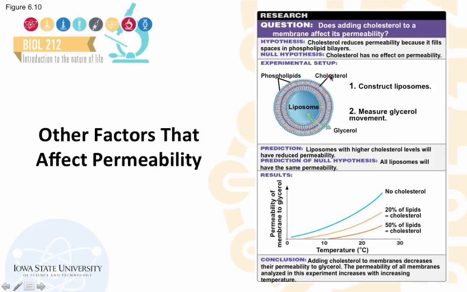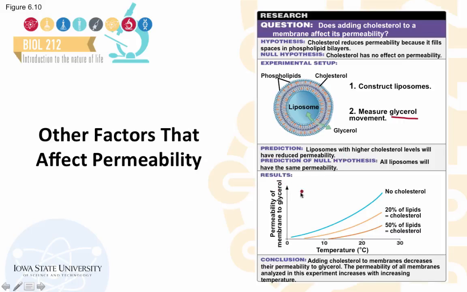Their experimental setup involved constructing liposomes with or without cholesterol and then measuring the movement of a polar molecule, glycerol, across the lipid bilayers of these liposomes. Their prediction was that liposomes with higher cholesterol levels will have reduced permeability.